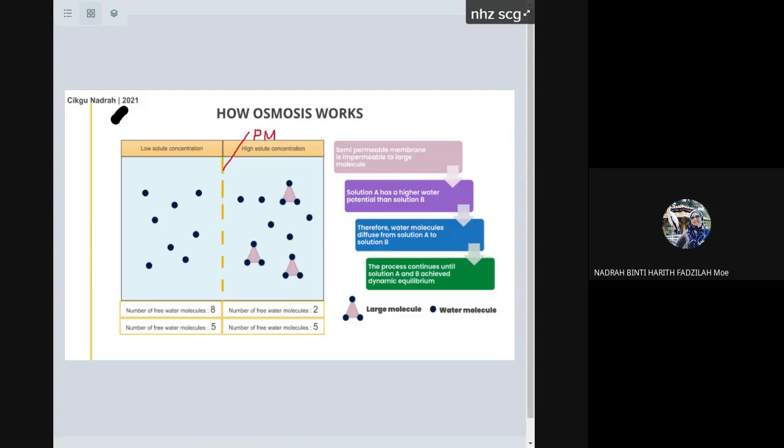Okay, katakanlah kita ada 2 solution kat sini. Okay, we have solution A and we have solution B. So solution A when compared to solution B is more concentrated. It has a higher solid concentration. Macam mana saya tahu ada solid concentration higher?